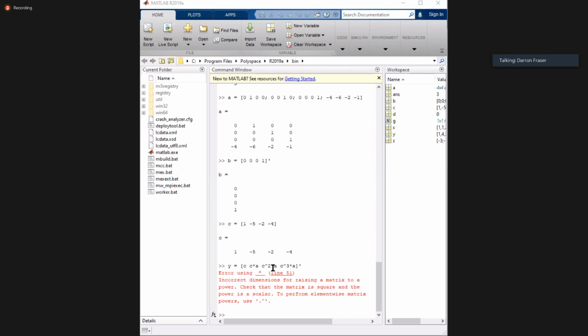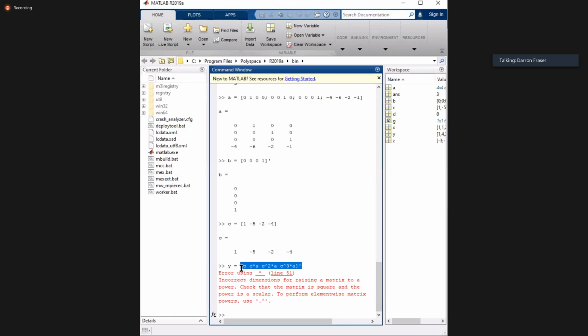So put C times A squared and C times A cubed.